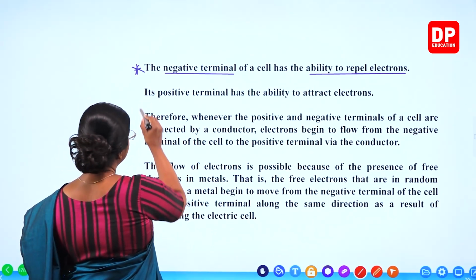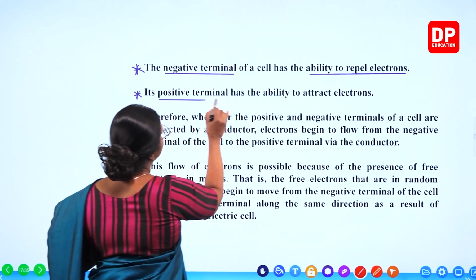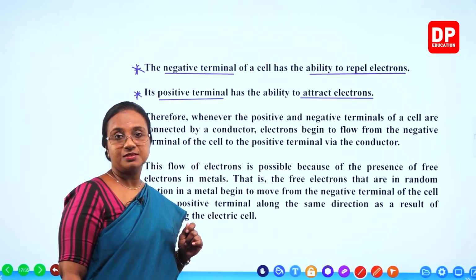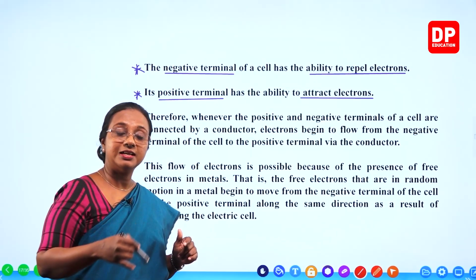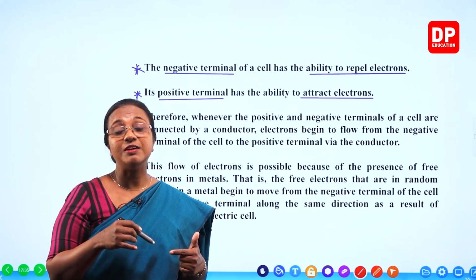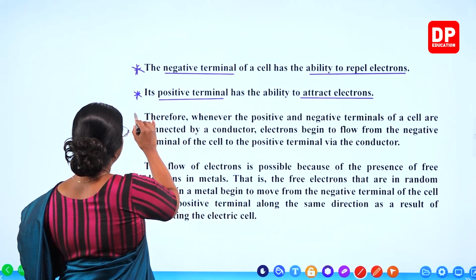At the same time, the positive terminal has the ability to attract electrons. So the positive terminal attracts the electrons, and the negative terminal pushes the electrons away. So the electrons start flowing from the negative terminal to the positive terminal.